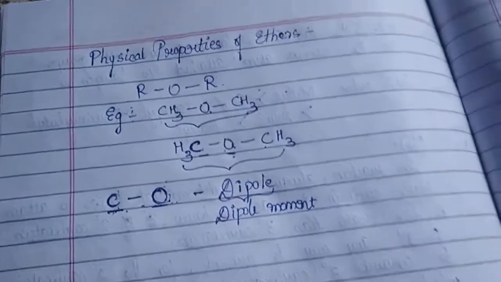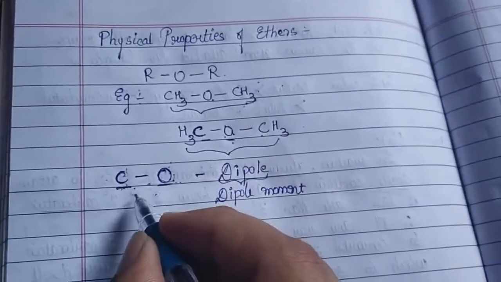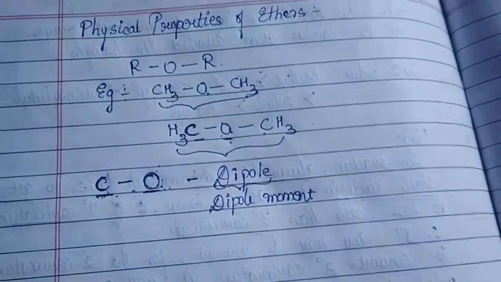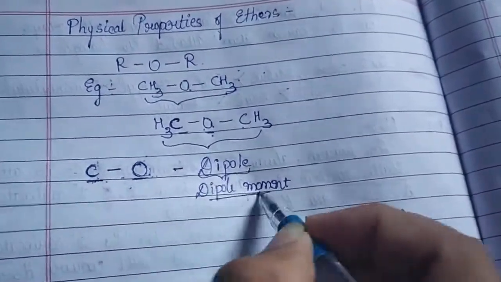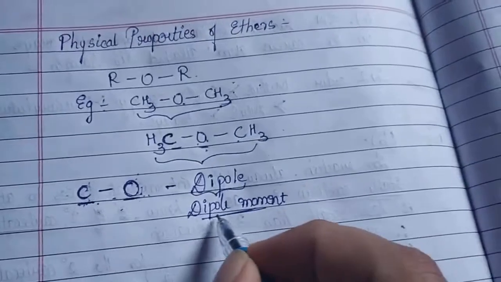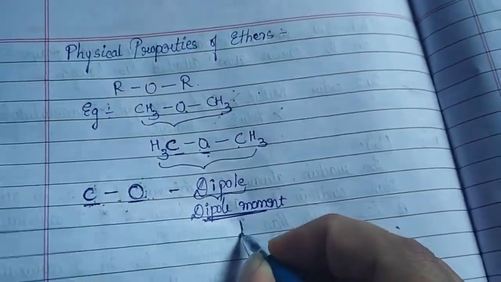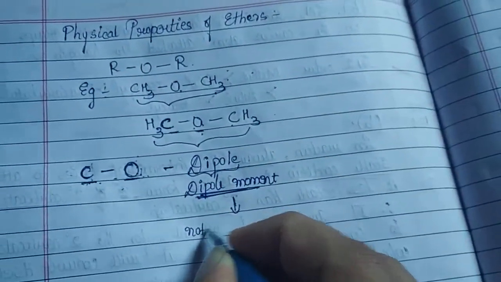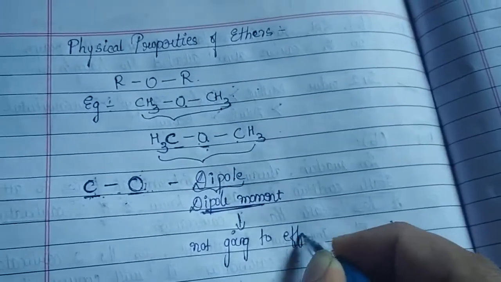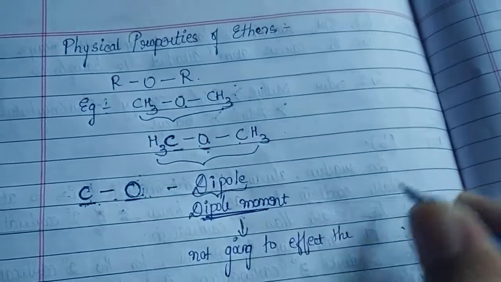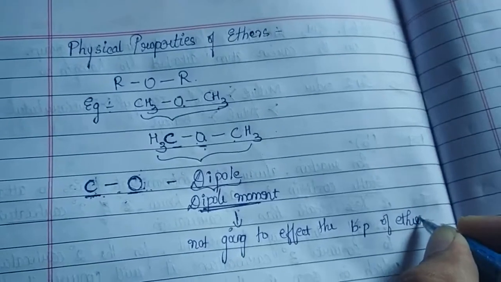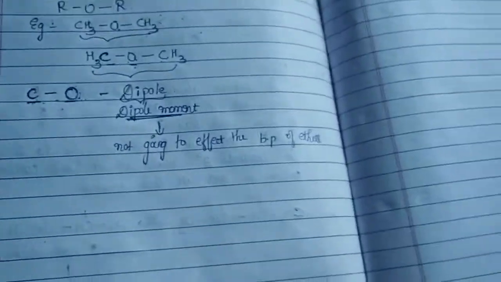But do remember, whatever the boiling point we are going to see or compare, it merely does not depend upon this dipole moment. Or we can say in simple words, this dipole moment is not going to affect the boiling point of ethers. So that is the reason, now comes the main part.